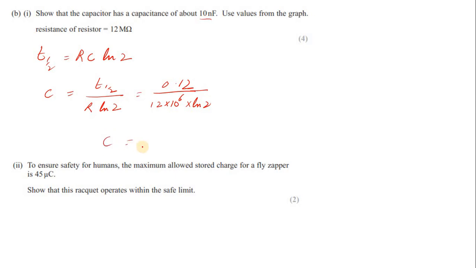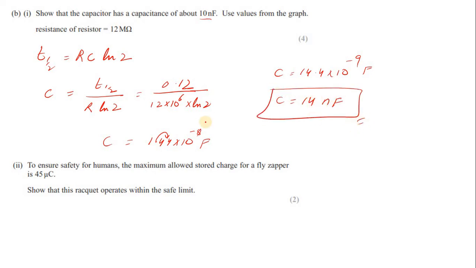So capacitance is around 1.44 into 10 to the power minus 8 farad. You can shift the decimal to the right, so C is equal to 14.4 into 10 to the power minus 9 farad. So C is equal to 14 nanofarad. So it is close to 10, you can say that.